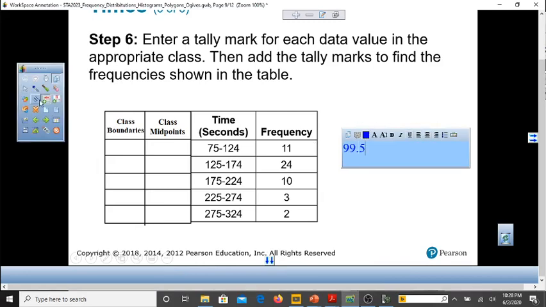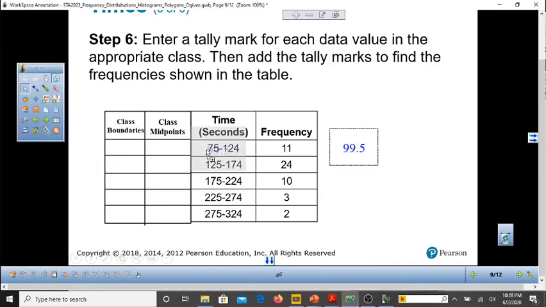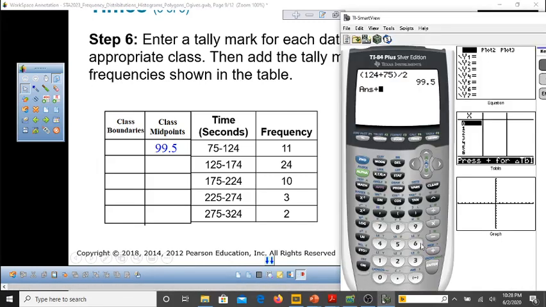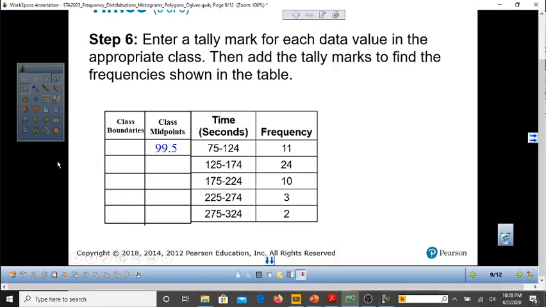All right, then I can now calculate all my class midpoints very easily. All I have to do is just keep adding 50 to each of those numbers. So I can then just add 50, and that will give me 149.5. Then I just add another 50, and that will give me 199.5, etc. So what I'm going to do now is add those numbers in.